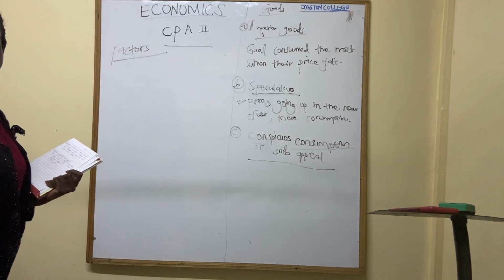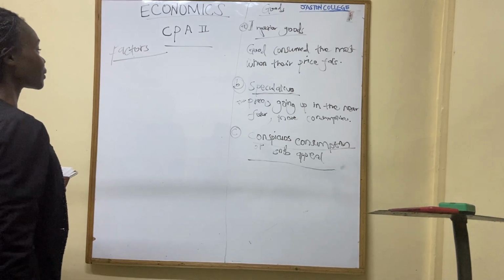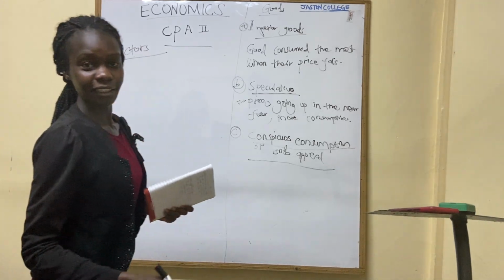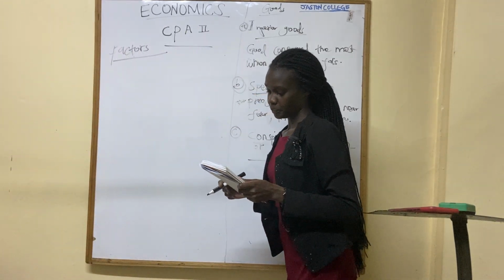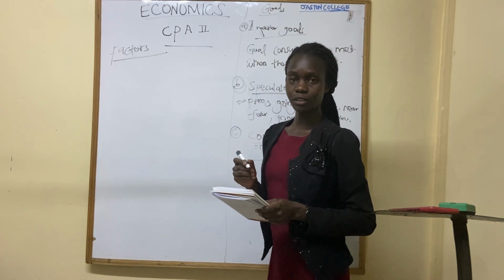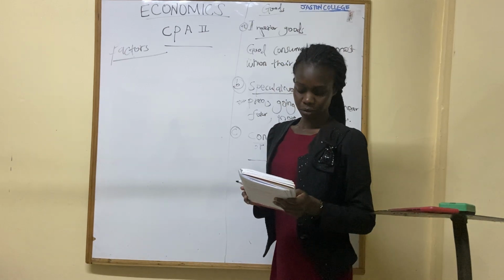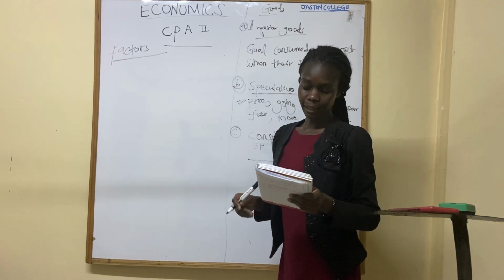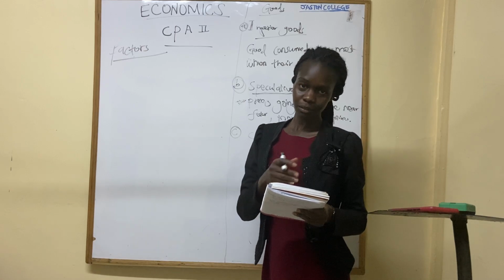The factors affecting demand include the prices of other related products. These are complementary goods and substitute goods. Substitute goods are consumed in place of the other one.